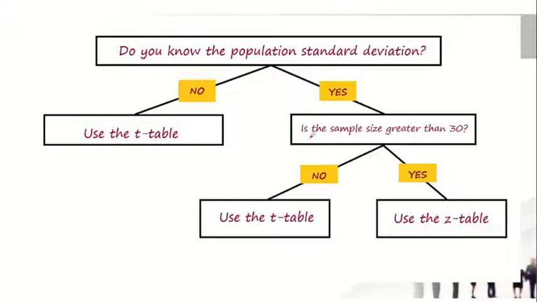Now, let's proceed to this question. If the sample size is greater than 30, you may use the z-table. If not, or if the sample size is less than 30, use the t-table. Alright?